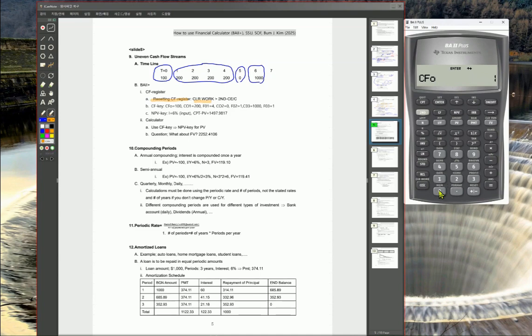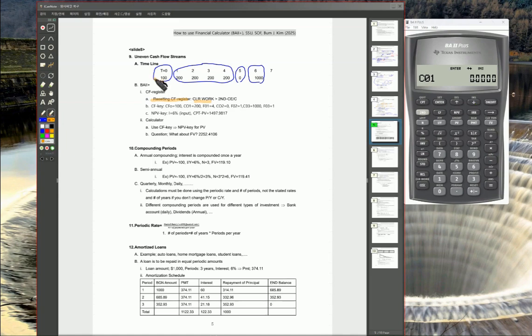So at t equals 0, you will have 100, and you hit the enter key to enter that $100. And then you use the down arrow key to get to C01, the first cash flow in the future.